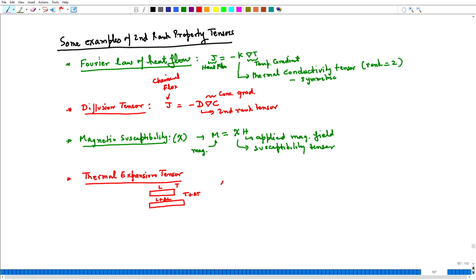In this, the change in length is proportional to the length at temperature T, and delta L is also proportional to delta T.